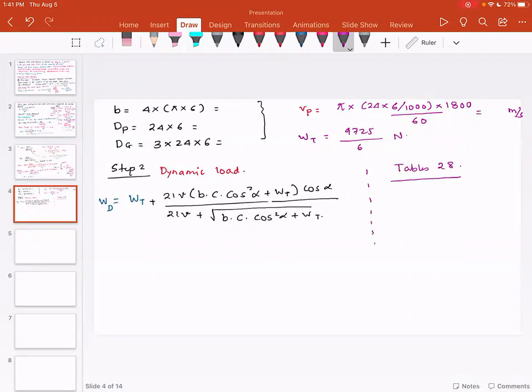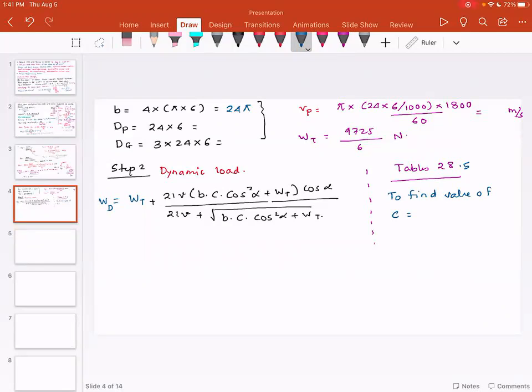And the table that you should be looking at is table 28.5 to find the value of C. One thing that we are going to need is 24 pi, which is the face width.